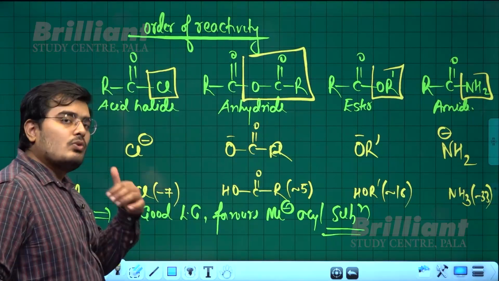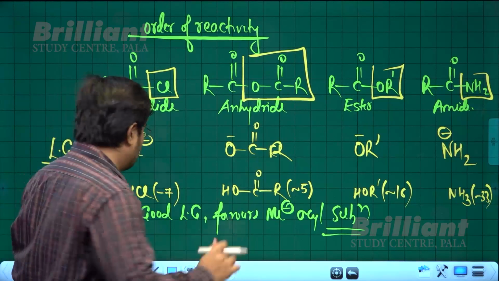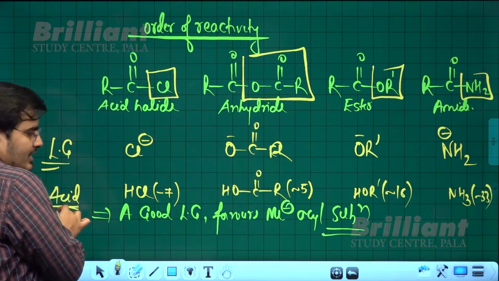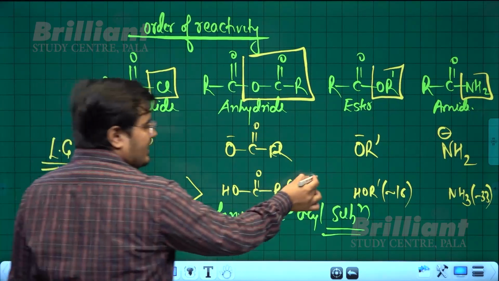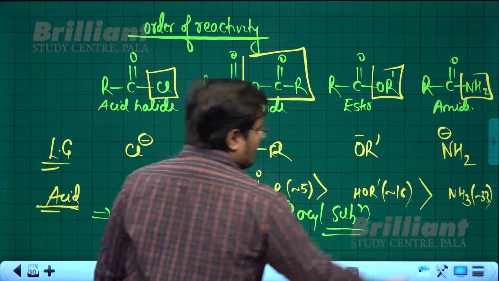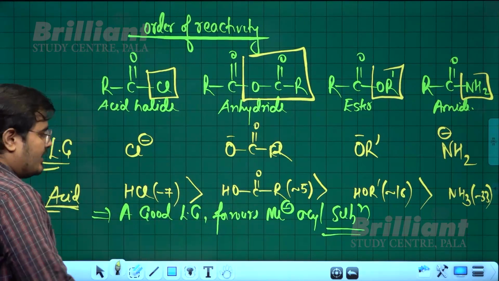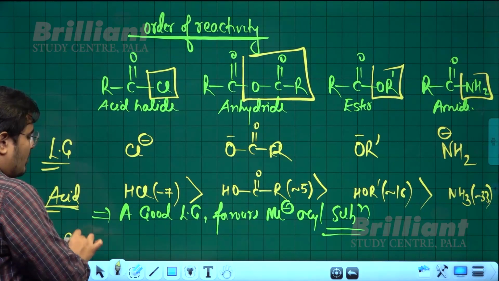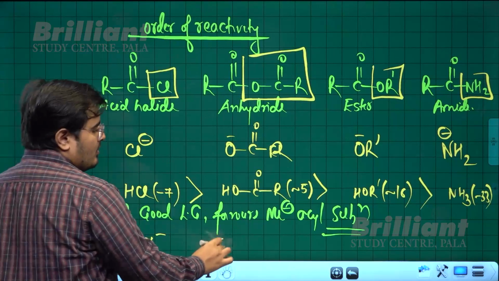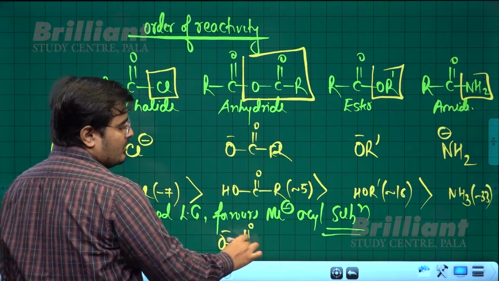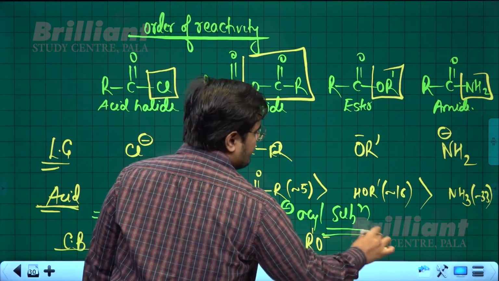And we know the one which has the lower pKa value is actually the stronger acid. So if I compare the acidic strength, I can say HCl is the strongest acid, then carboxylic acid, then alcohol, and then ammonia. If this is the order of acidity, then their conjugate bases will be Cl minus, RCOO minus, R'O minus, and NH2 minus.